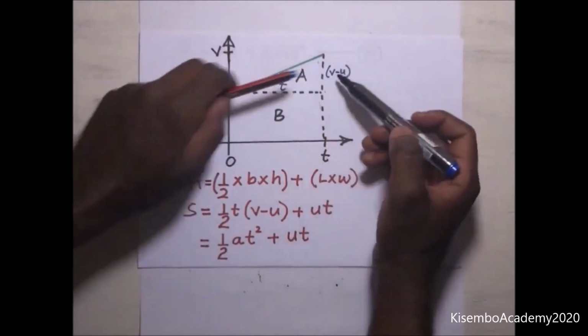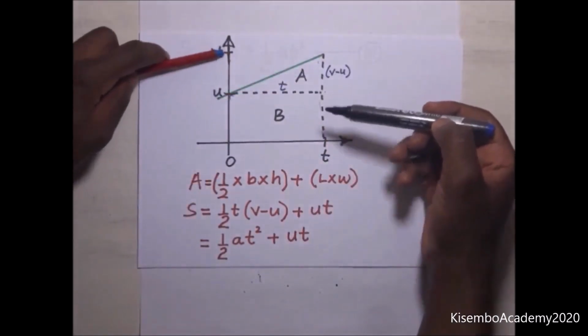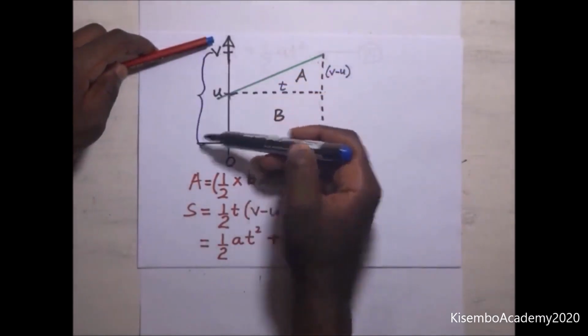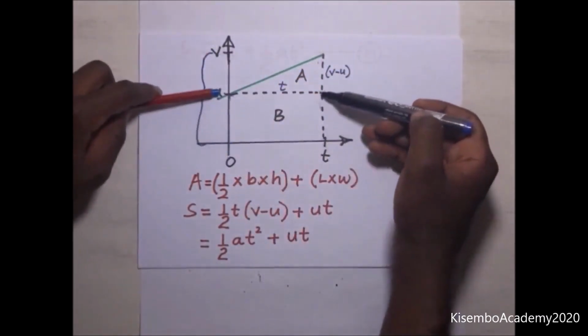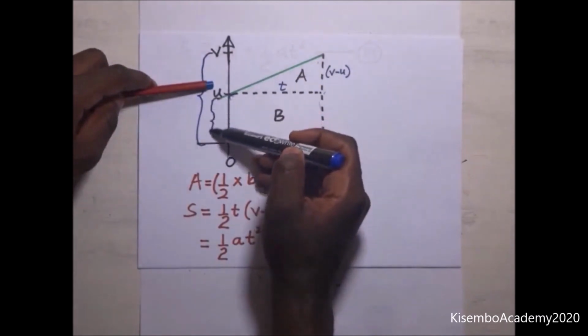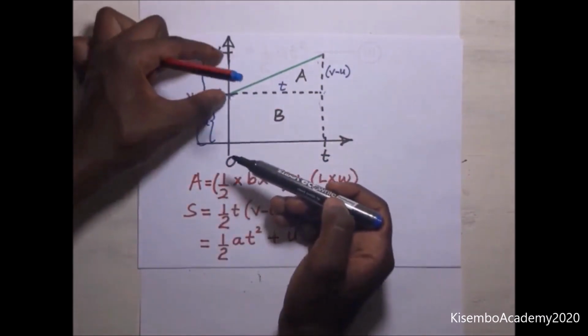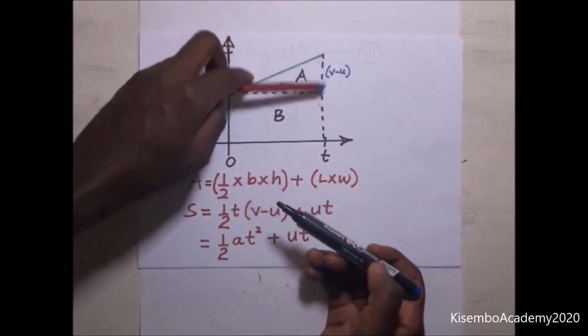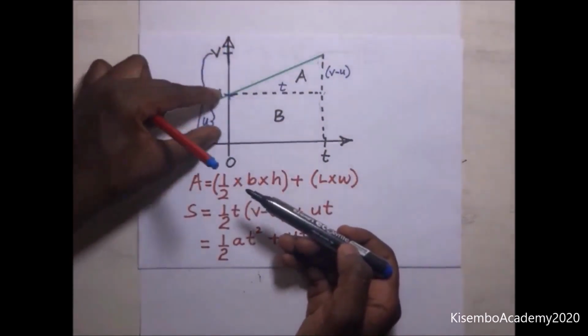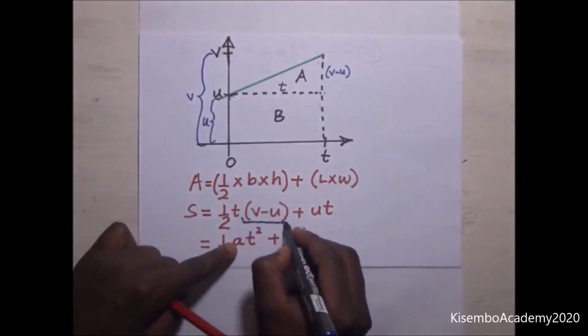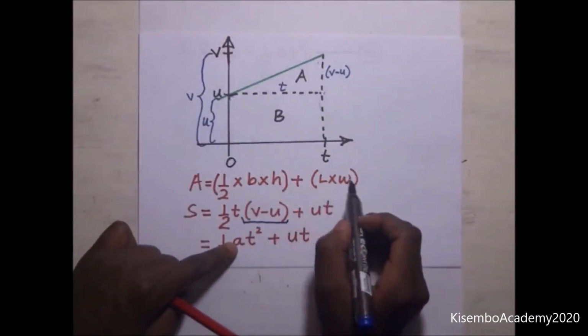The distance from here to here is v, and the distance from here to here is u. So to get this remaining distance, it's going to be v minus u. That's how we come up with that v minus u, plus length times width.